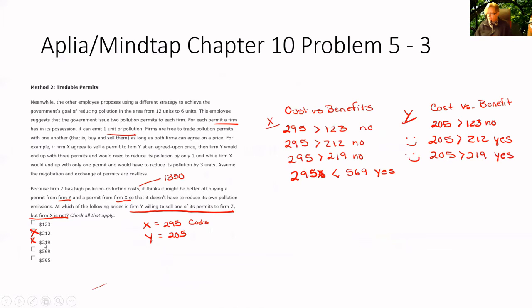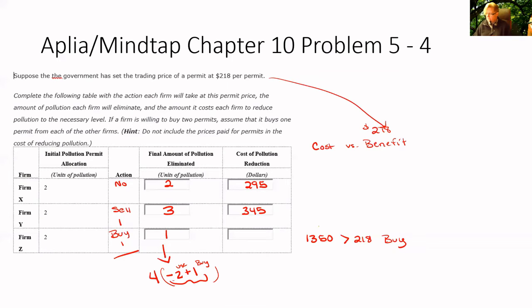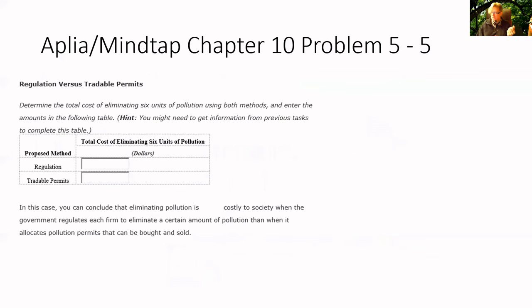So what I want to do then is to take that number, that 600, and that's what I'm going to write right here, 600. Okay, another double check, take a look at how many total pollution we have. Remember, we were starting with 12 and we wanted to get to 6. So 2 and 3 are 5, plus 1 is 6. So 6, that accomplishes our goal. Hopefully that makes sense to you. It's a little wonky when you talk about that final amount of pollution.